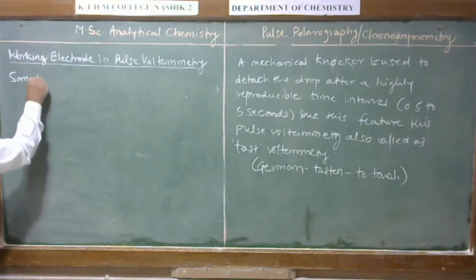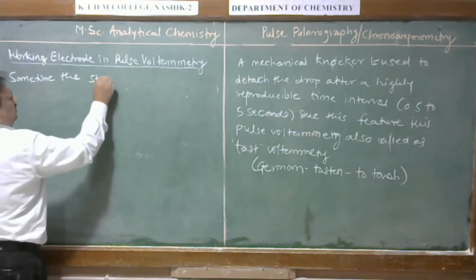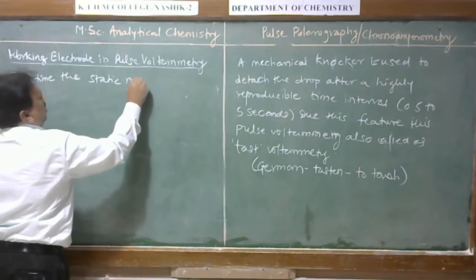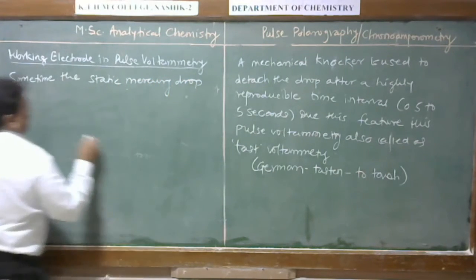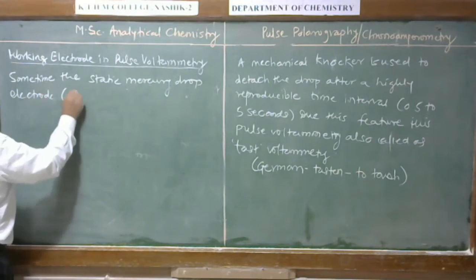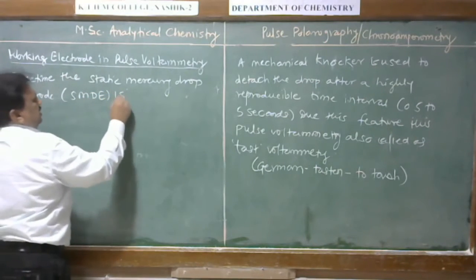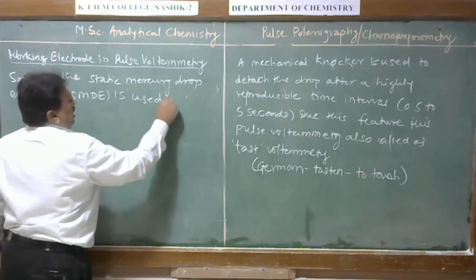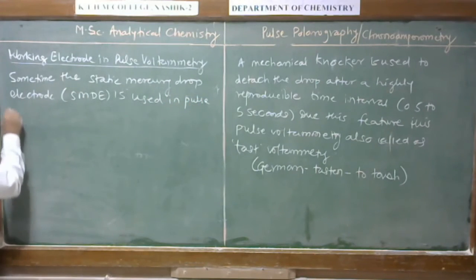Sometimes the static mercury drop electrode, that is SMDE, is used in pulse polarography or pulse voltammetry.